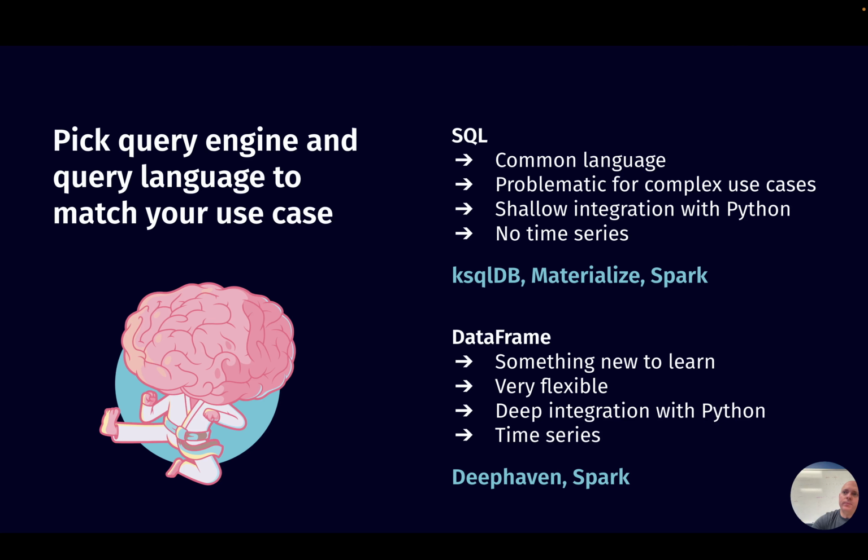Next, when you're picking a query engine, think very carefully about the query language supported by the query engine, and make sure it matches your use case. So you have SQL type cases where you can use ksqlDB, Materialize, or Spark, and then you have more expressive data frame type languages supported by Deephaven and Spark.